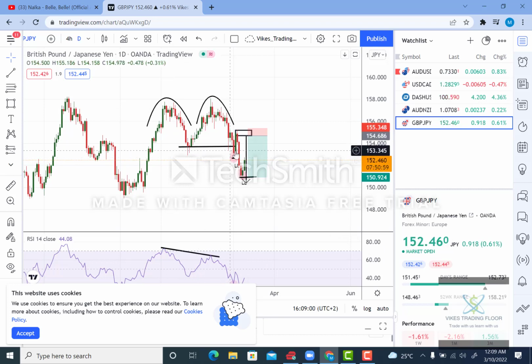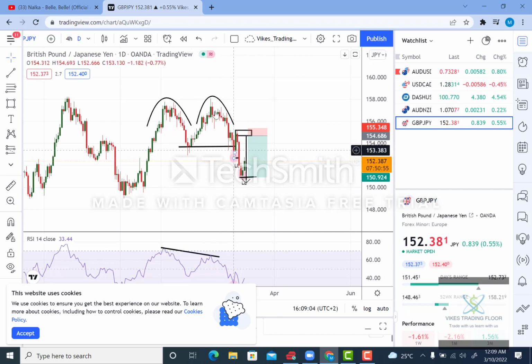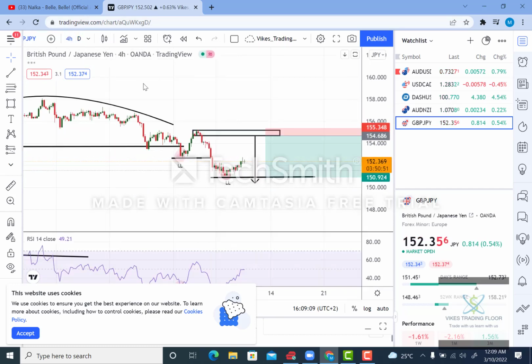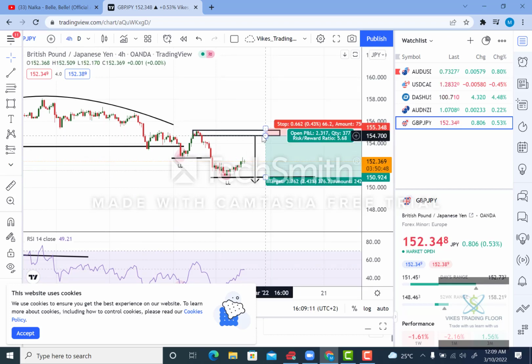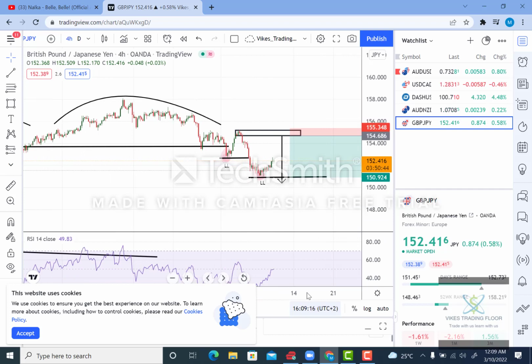Then we've noted that our neckline has been breached. So what we'll be looking for either this week or next week is prices to retest. We've scaled down to the lower time frame H4, looking for an entry with a good risk reward.